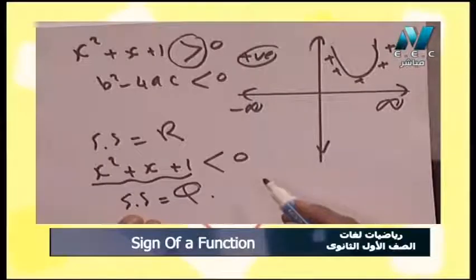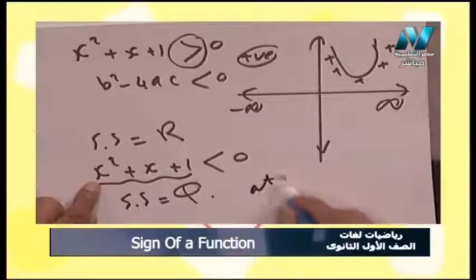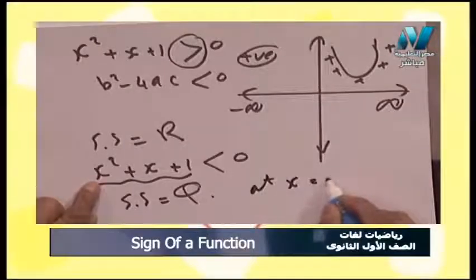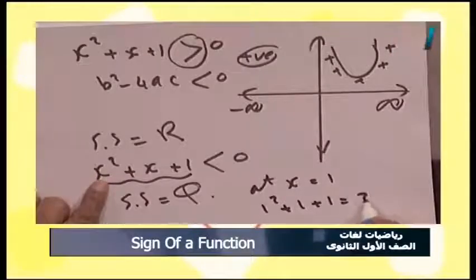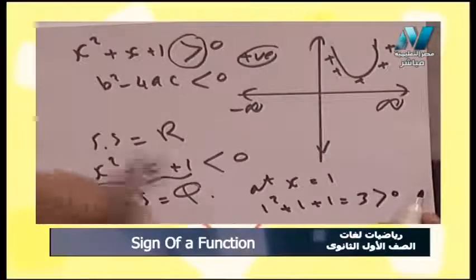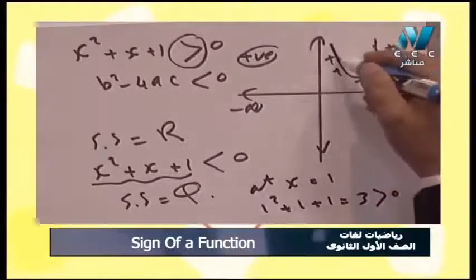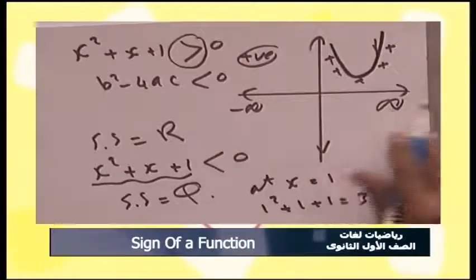If we try to test it, just put x as any number, say x equal 1. This will be 1 power 2 plus 1 plus 1 equals 3. So 3 is greater than 0, so it's positive. So we know that this function is positive all the time, over its domain from negative infinity to infinity.